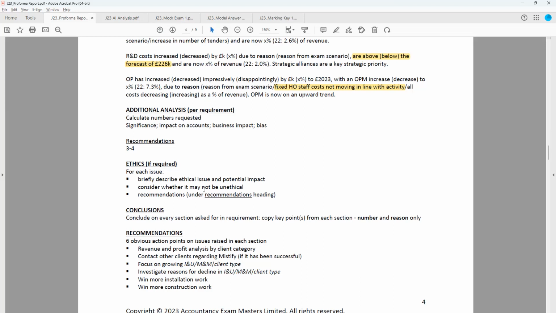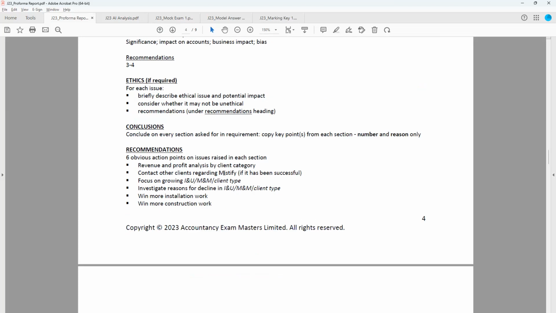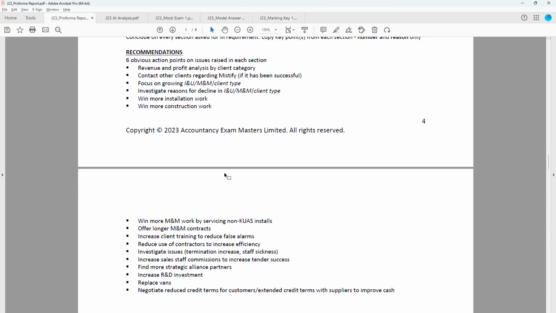It's all very well thinking in advance, or a great thing to suggest is to contact other clients regarding Mystify, to get it installed at other clients. But of course, that's only a sensible recommendation if the trial was successful and they're going to expand it. So you need to think about what's happened in the year.